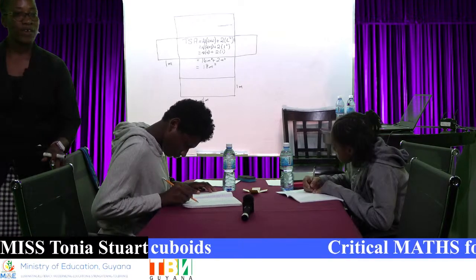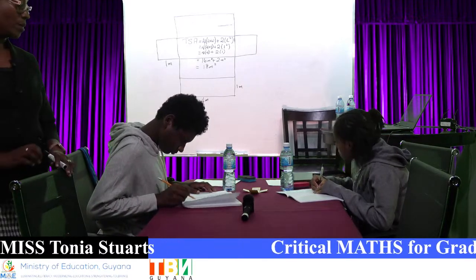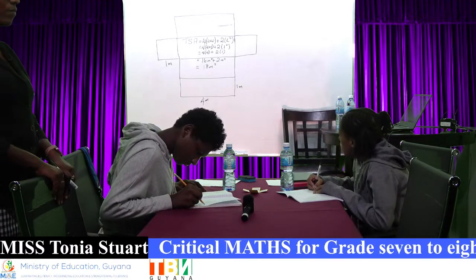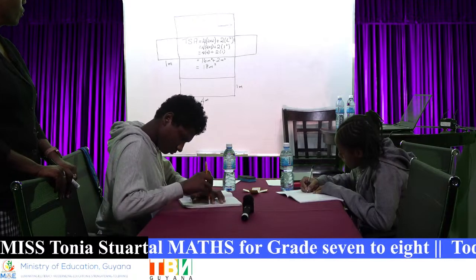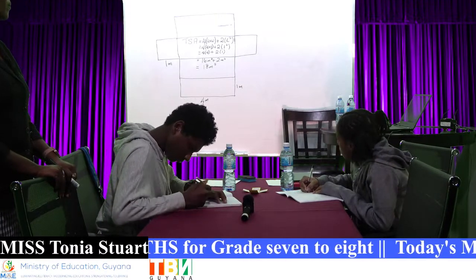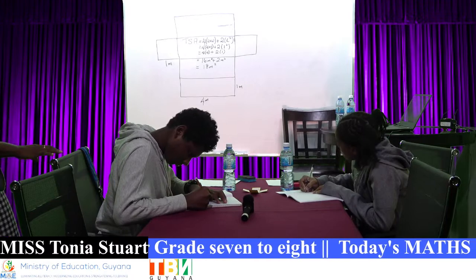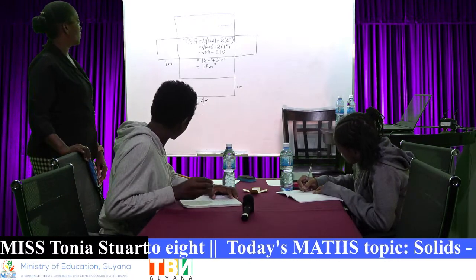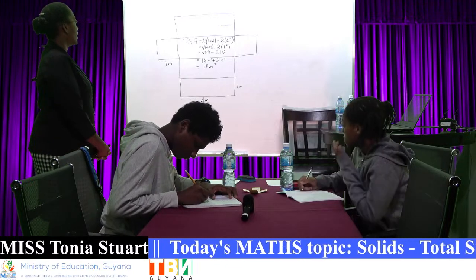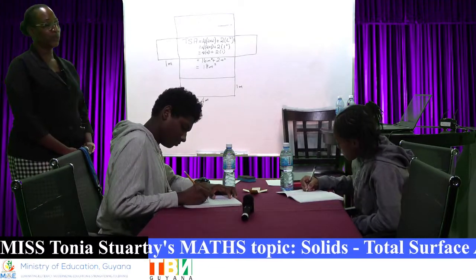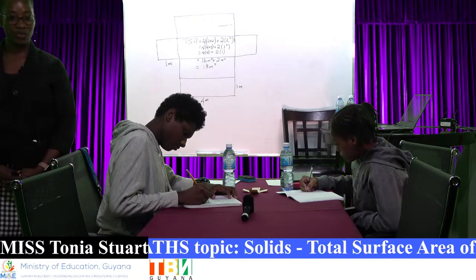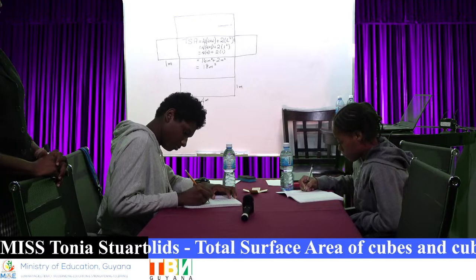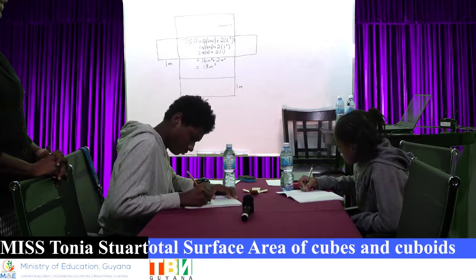As long as we can find the area of one, we multiply it by 4 to find the total. And we have 2 squares. We find the area of 1 and multiply it by 2. Sum all the areas up and you will get your total surface area.